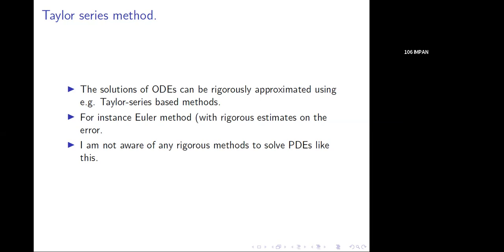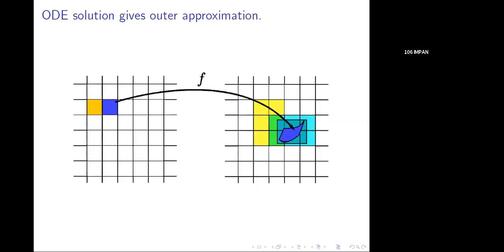As we overestimate, we get a rigorous solution. So if we show something, then it's really there mathematically. We can do it for ordinary differential equations. I'm not aware of any rigorous methods to solve partial differential equations, which is a pain, because I know that people from Krakow would like to play with Navier-Stokes, but at the moment they cannot estimate the errors, as far as I know.